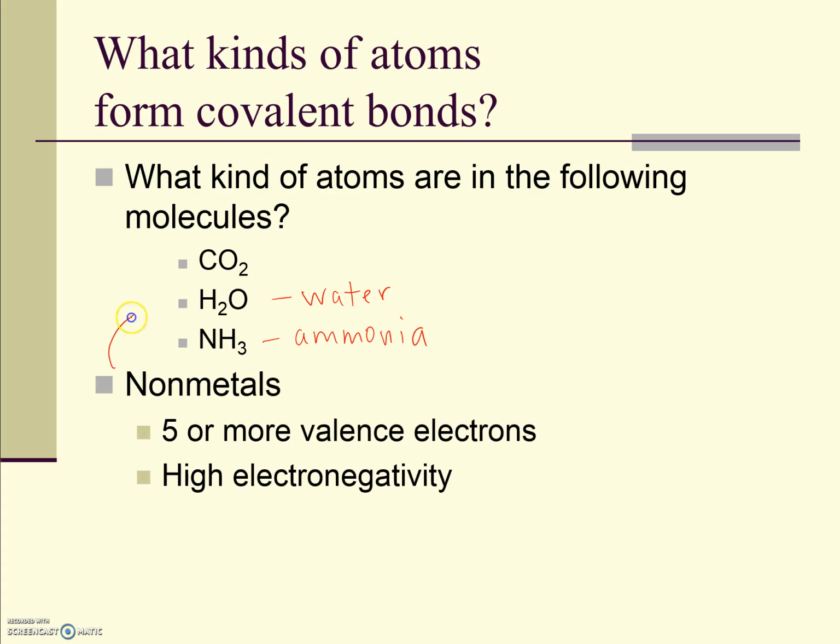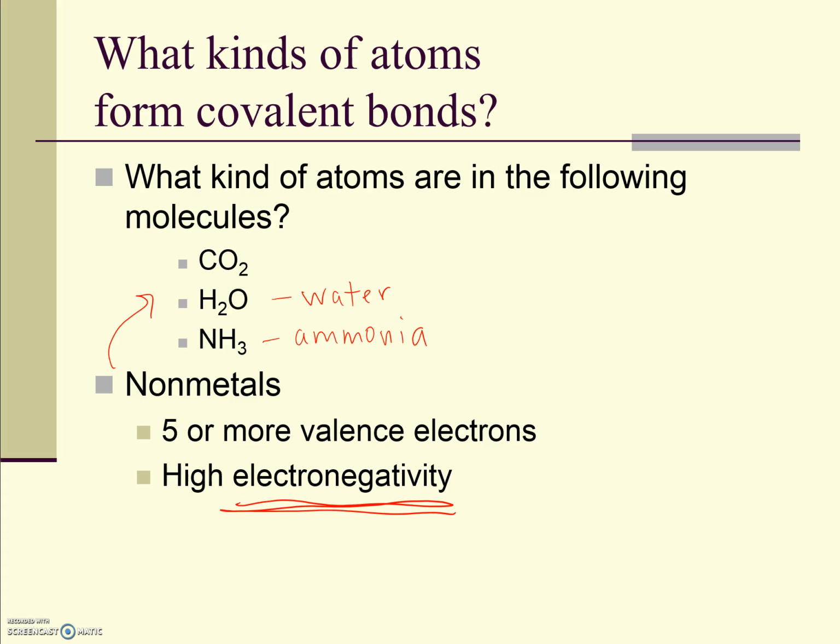Okay? So all of these up here are nonmetals. And so they typically have 5 or more valence electrons because they start at group 5 over there, 4 or 5. And they have a high electronegativity. So these are our elements that are going to form covalent bonds. As the days progress, we're going to get into looking at how electronegativity comes into play with determining how electrons are taken and shared.